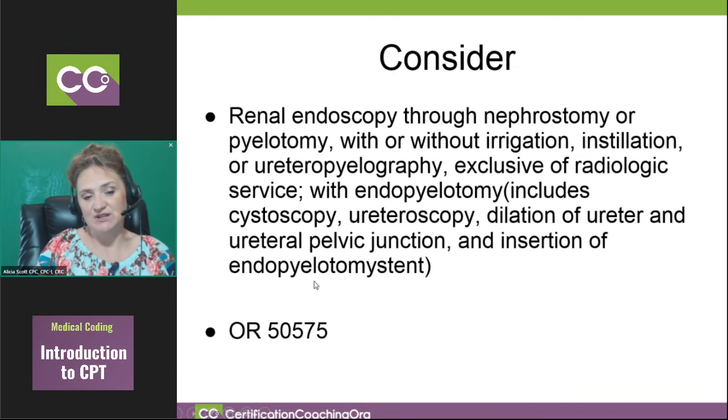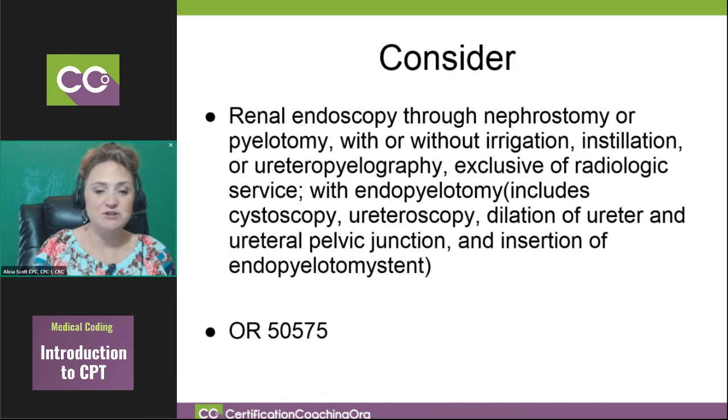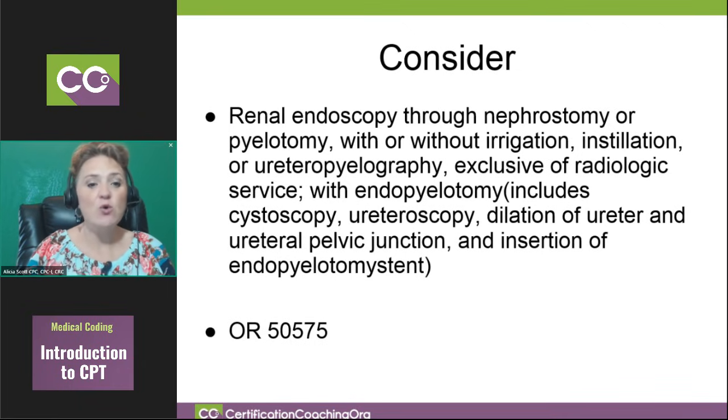So here's that example I was going to tell you about. Look at this description. Do you want me to read that? Renal endoscopic through nephrostomy or pyelotomy, with or without irrigation, instillation, or ureteropyelography, exclusive of radiologic service with endopyelotomy, includes cystoscopy, ureteroscopy, dilation of ureter and ureteropelvic junction, and insertion of endopyelotomy stent.